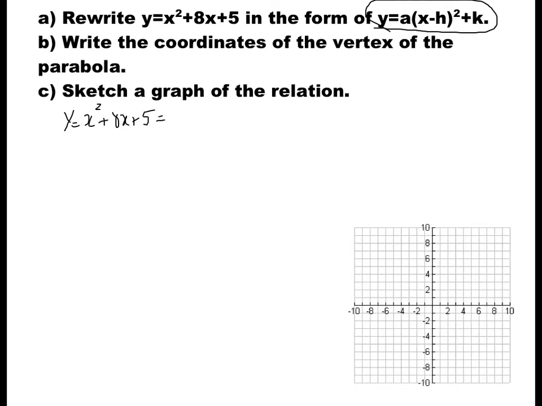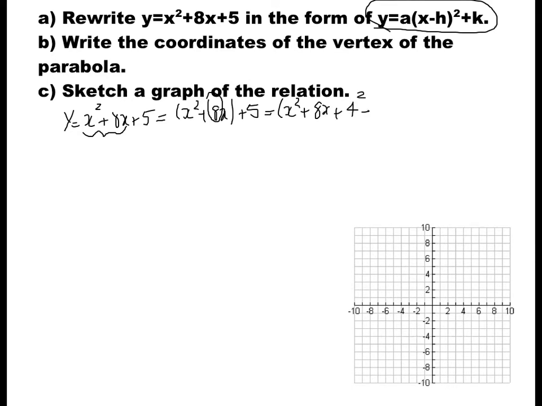The next thing I always do is package the two terms which have the variable included. So I'm going to write this as (x squared plus 8x) and then plus 5. Now inside the bracket, I'm going to add half of this coefficient squared and then subtract it. So I write x squared plus 8x plus, 8 divided by 2 is 4, so 4 squared.